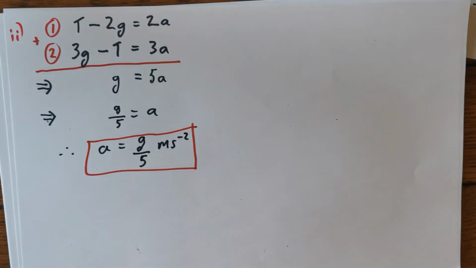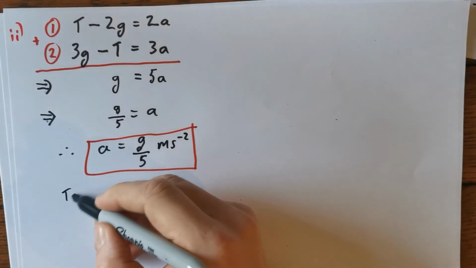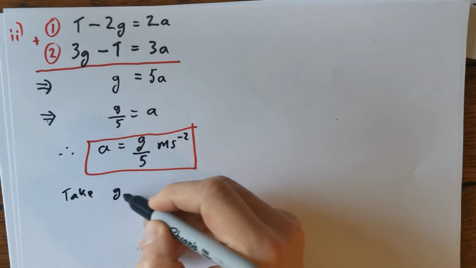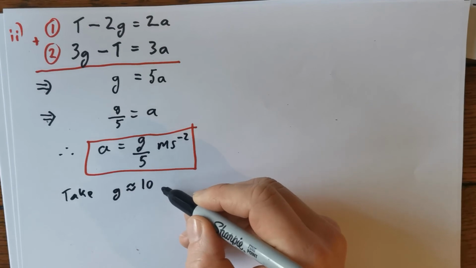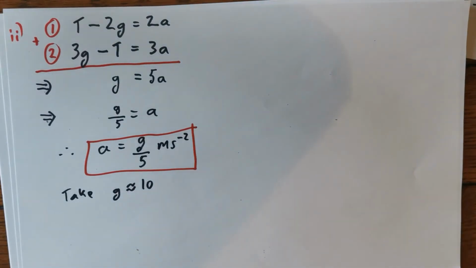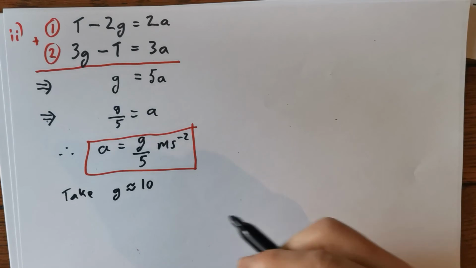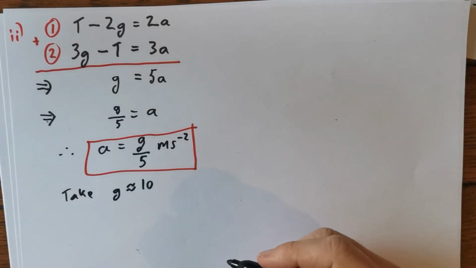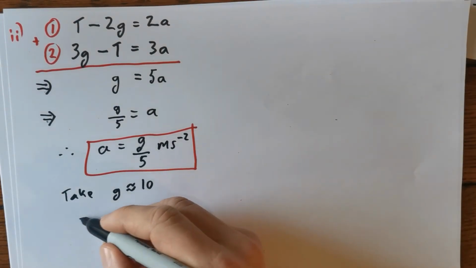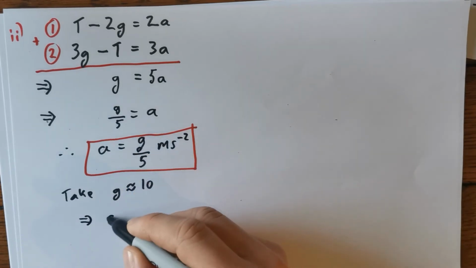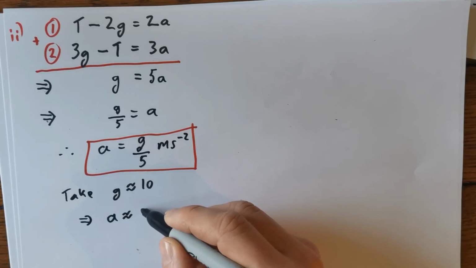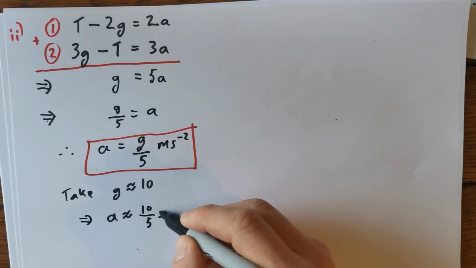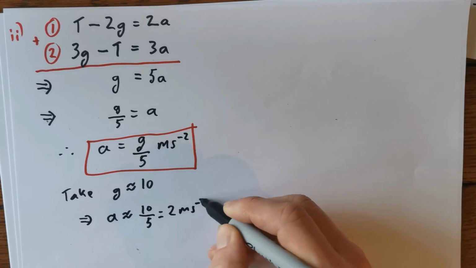Now, just a small note, at ordinary level Leaving Cert, they take g to be approximately 10. At higher level Leaving Cert, they take g to be approximately 9.8. But at ordinary level, we take g to be approximately 10, which would mean that a is approximately 10 over 5, which would be 2 meters per second squared.